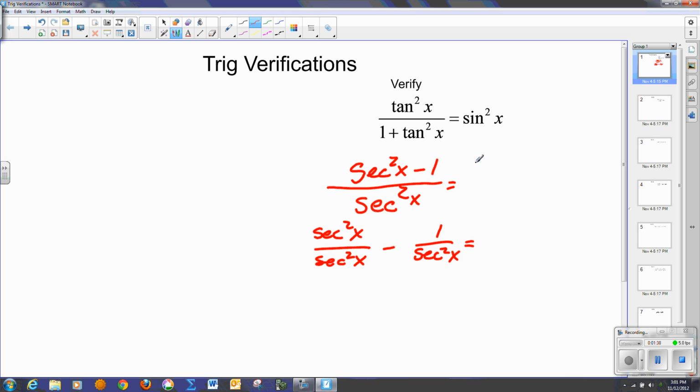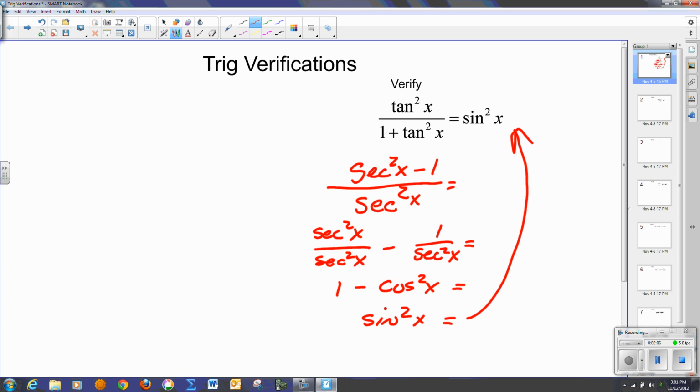Keep in mind I want to get this to sine of x. I know secant squared over secant squared is 1. I know 1 over secant squared, well, that's like cosine squared. And here's another Pythagorean identity. 1 minus cosine squared is sine squared. And you'll notice that now this quantity is equal to what I wanted.